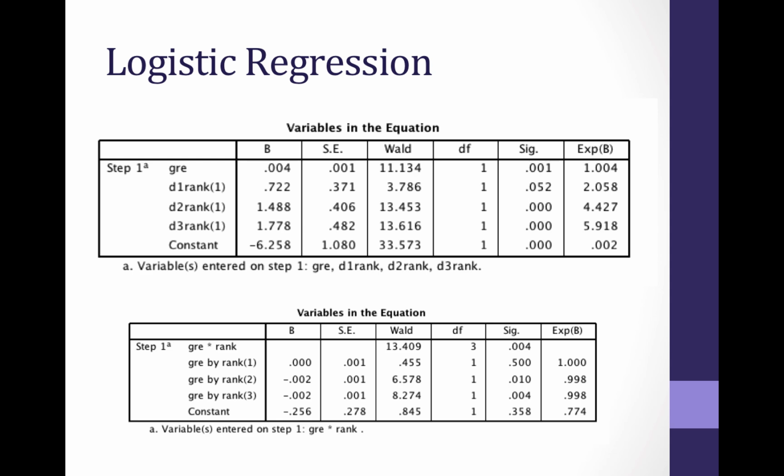The third dummy-coded variable, when one's undergraduate college is ranked as a 4, one's chances of getting into graduate school is even higher at 77.8%. So the higher rank of one's undergraduate college, the higher their chance one has of being admitted into graduate school. And the higher one's GRE score, the higher the chance one has of being admitted as well.